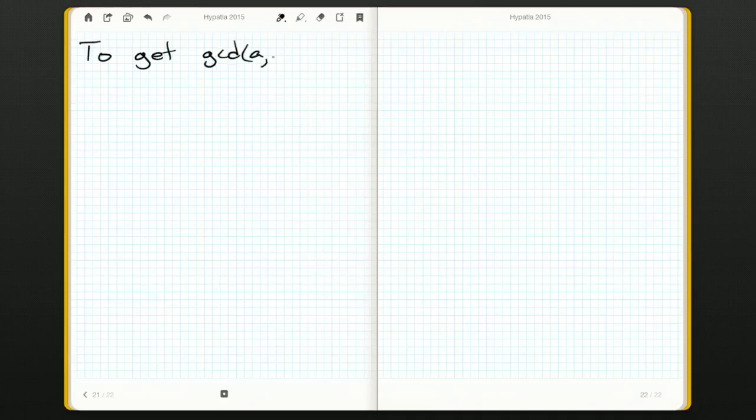Now, if I want a GCD of exactly 5, what am I going to have? Well, then a is going to have to be a multiple of 5, and this k here can't be divisible by 5.